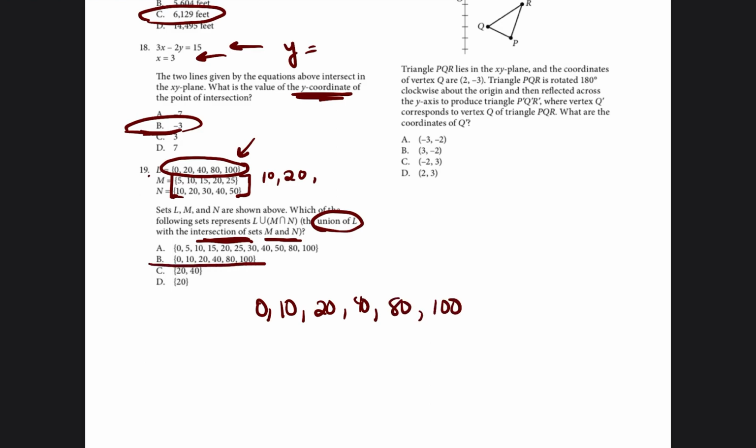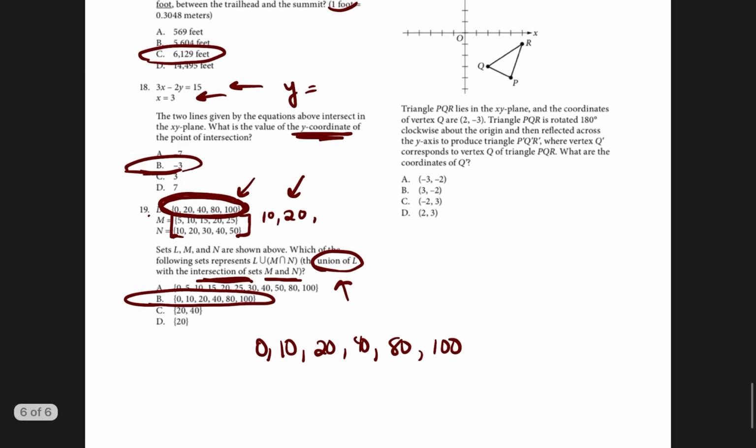So our answer is going to be B. So intersection means which numbers appear in both lists. Only write those down. So that's why we only wrote 10 and 20. And then union means add all the other numbers inside of that set that we're making as a union. So our answer is going to be B.